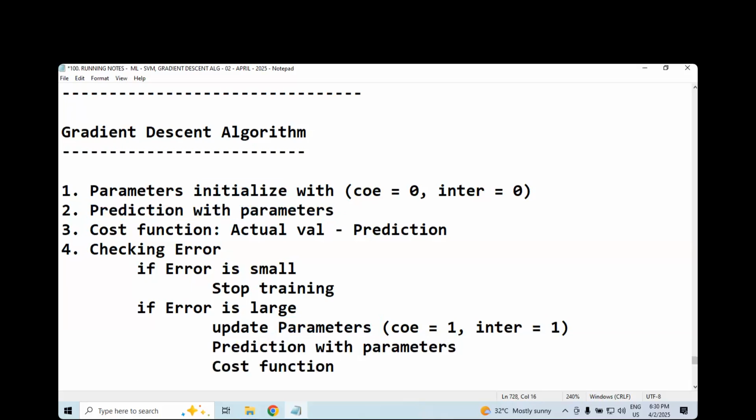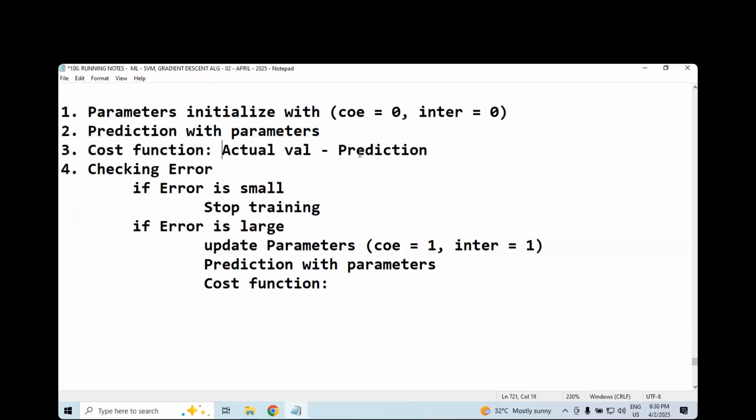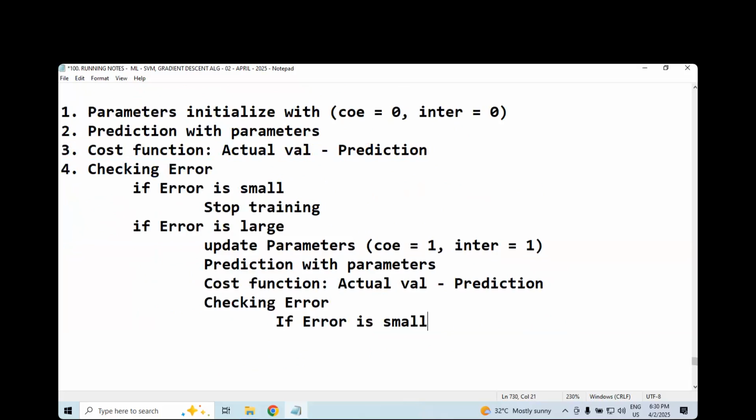Why the cost function? To check the error: actual value and prediction value. The cost function takes care. And here, checking the error again. Same process again: checking the error. Now, if the error is small, what we need to do?